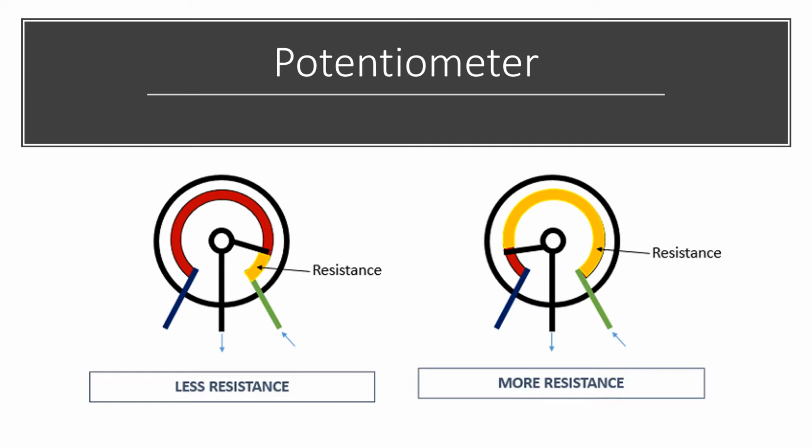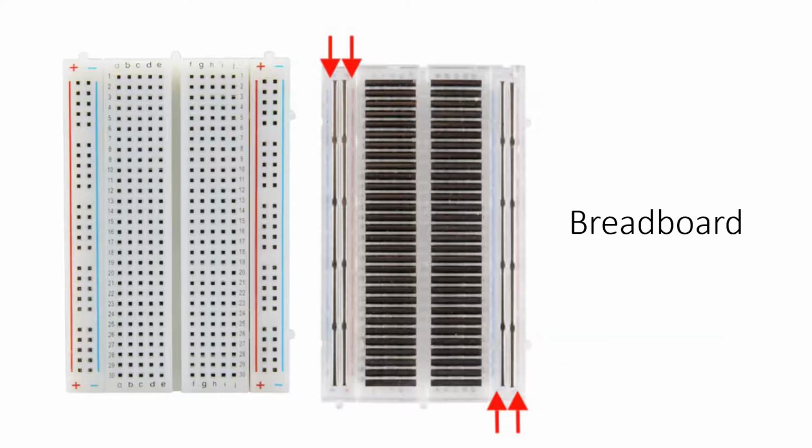So there's more resistance applied on the right-hand side when we've turned the potentiometer over here than there is in this instance on the left side. So the end result is that on the left we're going to have less resistance, more current. On the right-hand side, we're going to have more resistance, less current.